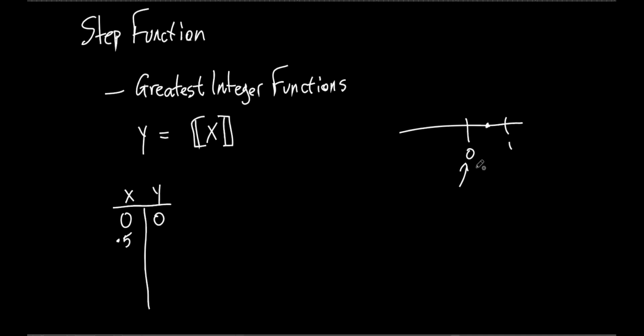So what's the biggest integer that's not bigger than this? Well, it's not 1. Why not? Because it's bigger, isn't it? But is 0.5 an integer? 0.5 is not an integer. What are integers? -3, -2, -1, 0, 1, 2, 3, and so on. Those are integers. So 0.5 is not an integer. So listen, if I'm at 0.5 or a half, are you done?